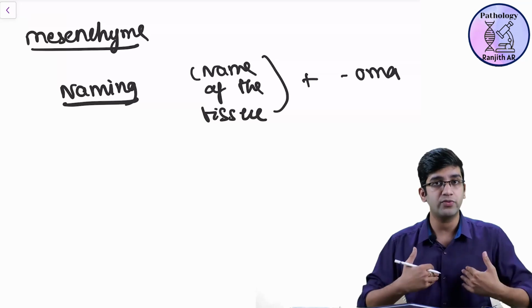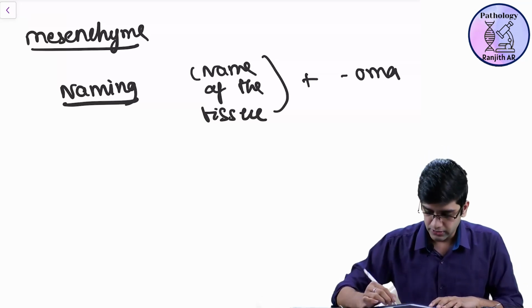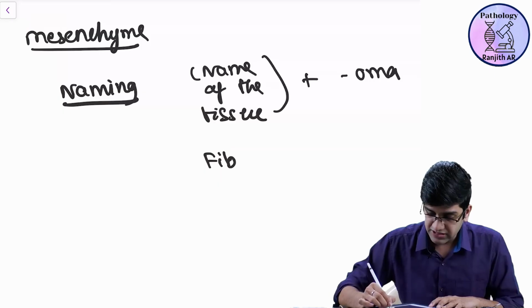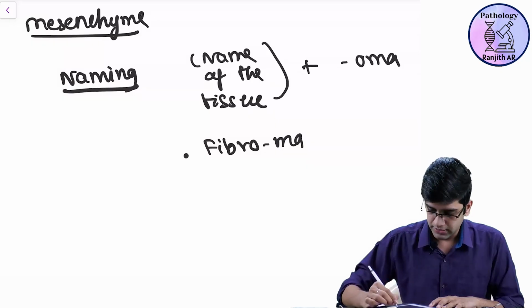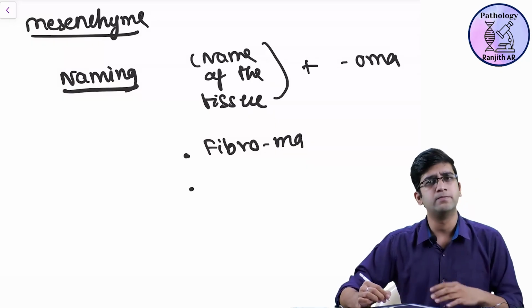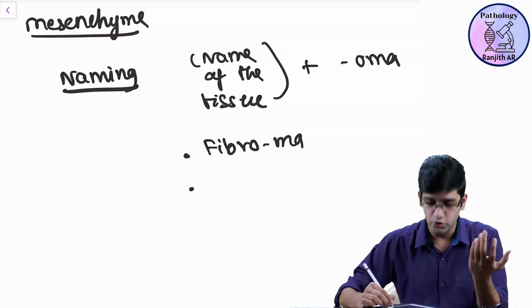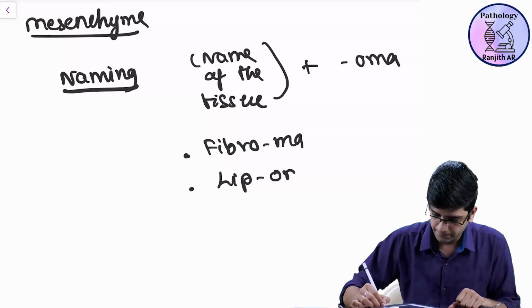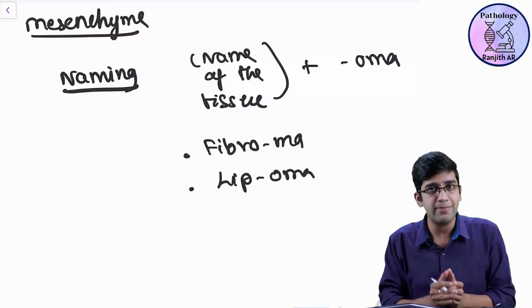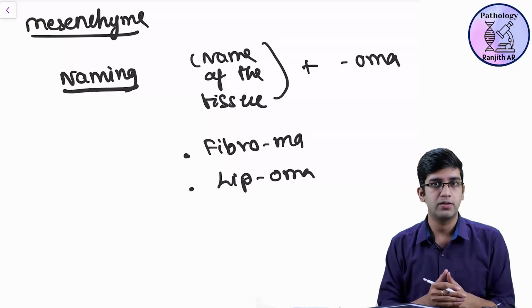Here, I use it based on the name. That's all. What I mean here is, if it's coming from fibroblast, I use the term fibroma. If it comes from your adipose tissue, I use the term lipoma, right? I'm just going to use its name and then OMA to it. Fine? That's for mesenchymal tissue.